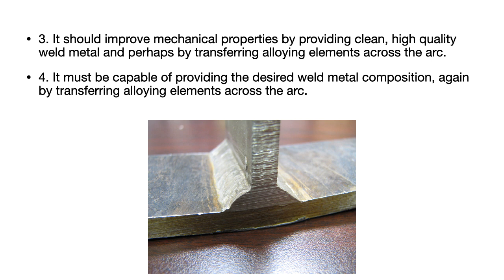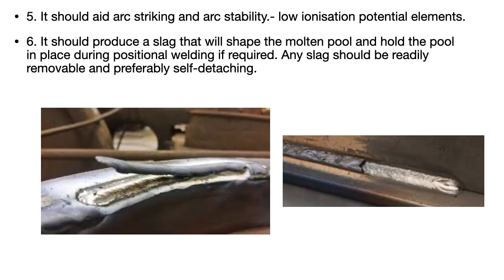So even if there is a wide change in the composition, because of the electrochemical potential, it can form an electrochemical cell and then initiate a galvanic cell and form a corrosion form, and it can result in corrosion, which is anyway undesirable. So it shall maintain a desirable weld metal composition, again with addition or transferring of elements, like an alloying effect.